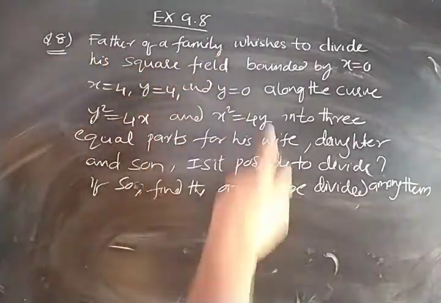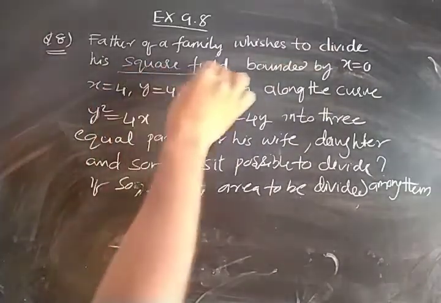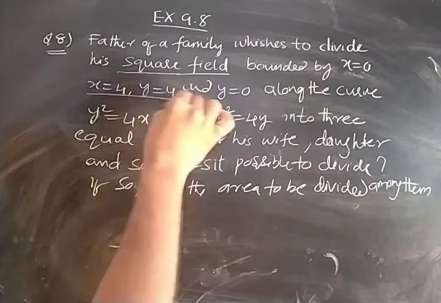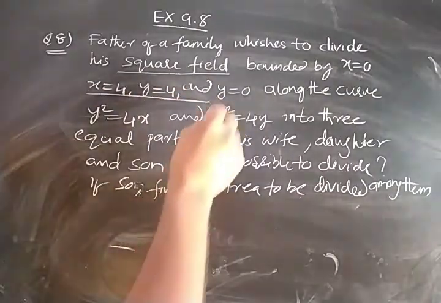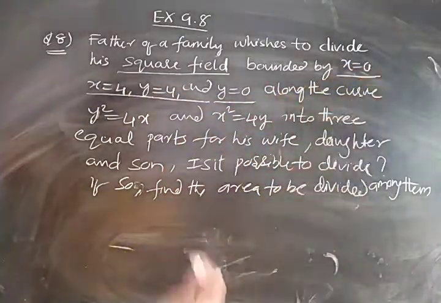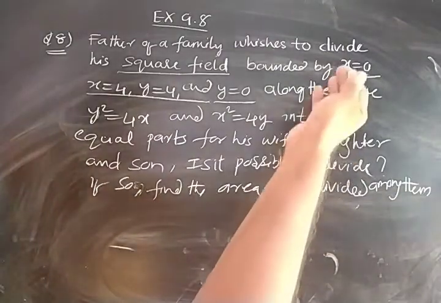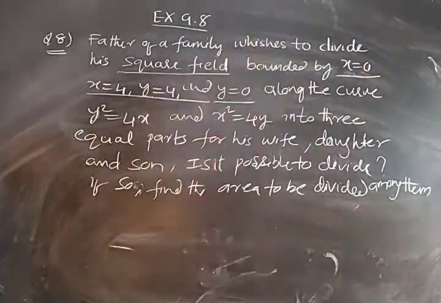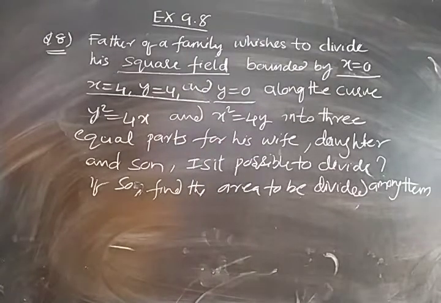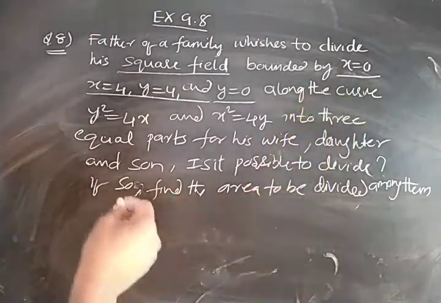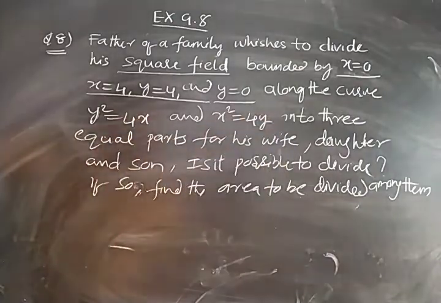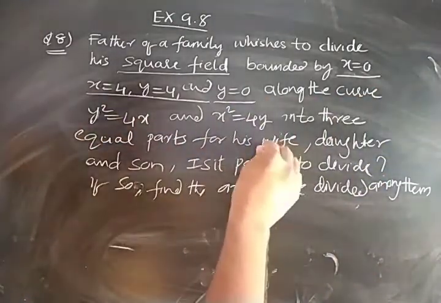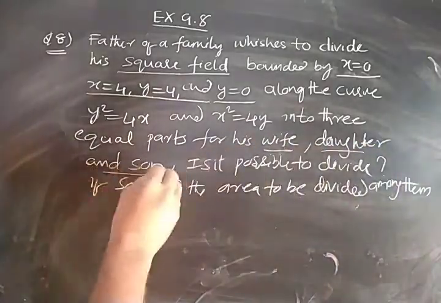Father of a family wishes to divide his square field bounded by x equal to 0, x equal to 4, y equal to 4, y equal to 0. So a father having the field in the form of a square bounded by these 4 lines wants to divide the square field along the curves y square equal to 4x and x square equal to 4y into 3 equal parts for his wife, daughter and son.